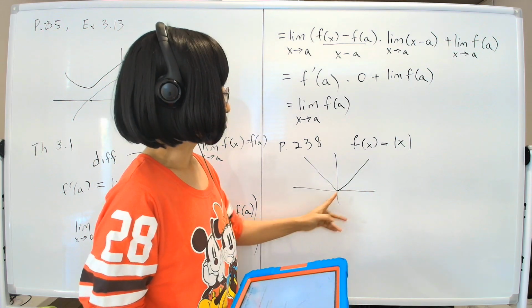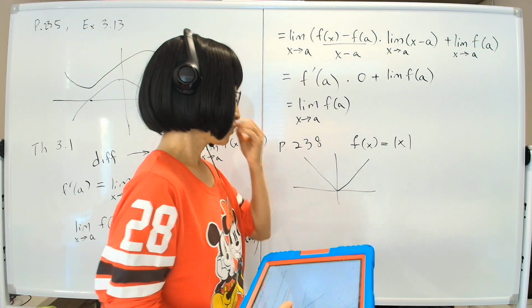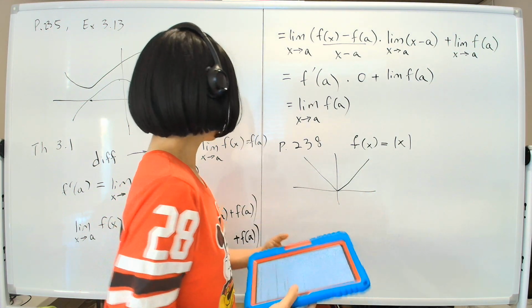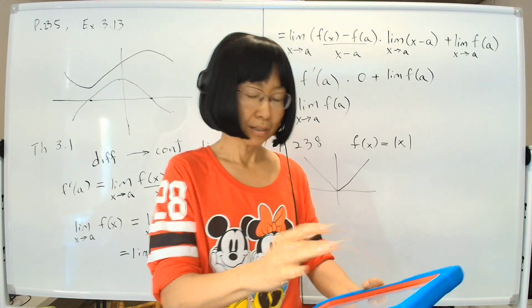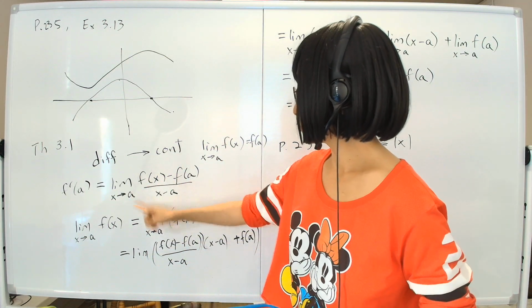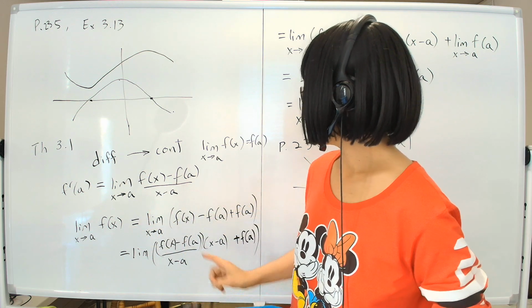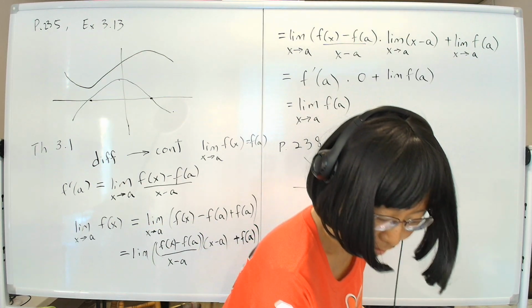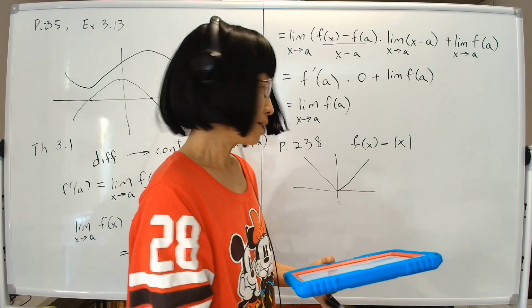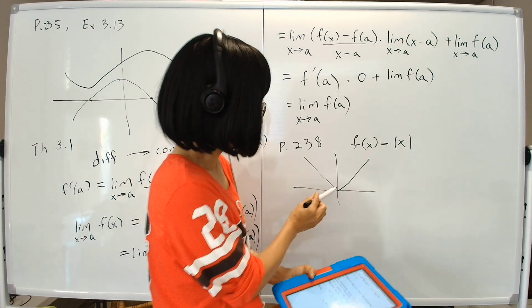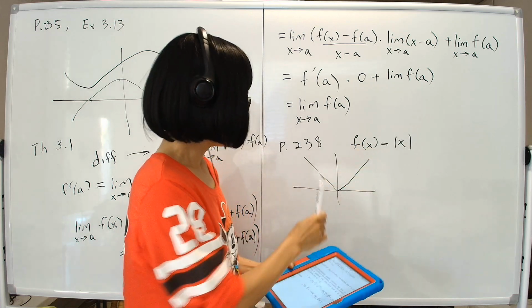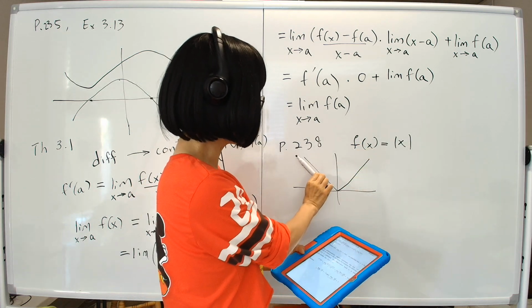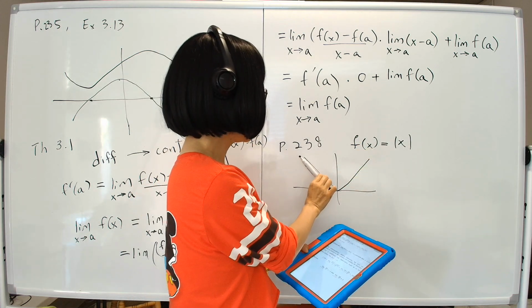Now, at 0, this function is not differentiable. For this function, if you consider the point at 0 where there is a sharp point, the slope on this side is -1.